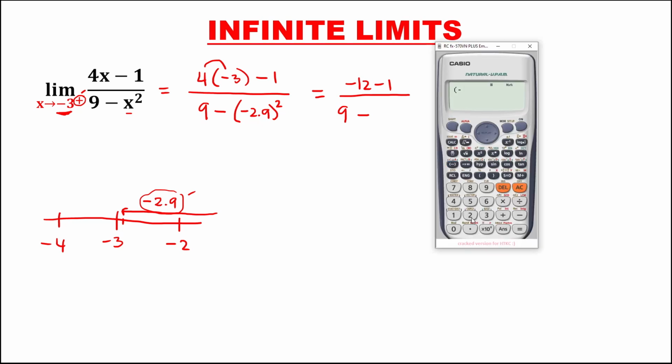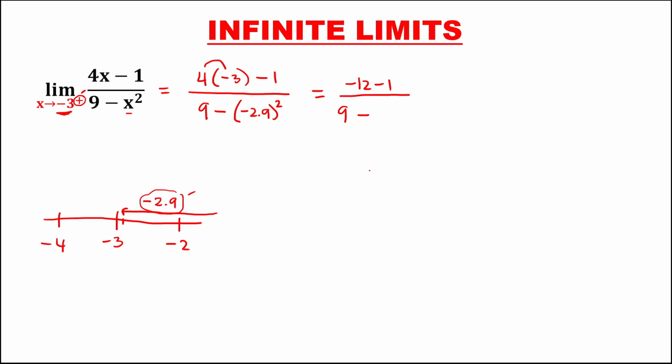Negative 2.9 to the power 2 is positive 8.41. Then this time, take the sign. Negative and negative, so the numerator is negative, over, since 9 is greater than 8.41, this one is positive. Then negative divided by positive is negative infinity.